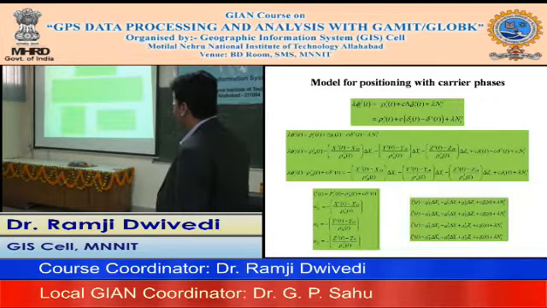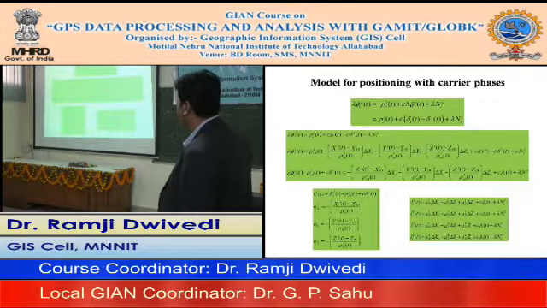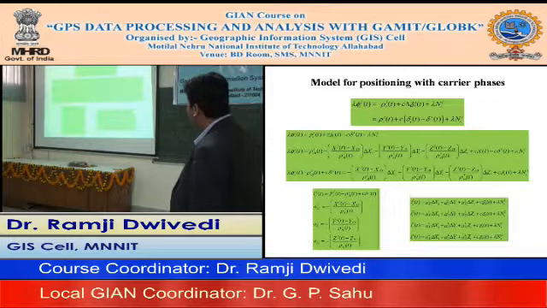So your L becomes nothing but, similarly to the previous one, the L and the prime component of the so-called design matrix could be clearly explained. Eventually here you have delta X, delta Y, delta Z of your receiver, the clock offset, as well as this ambiguity term.